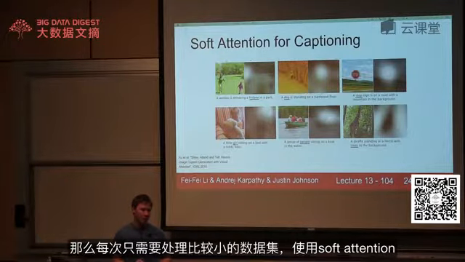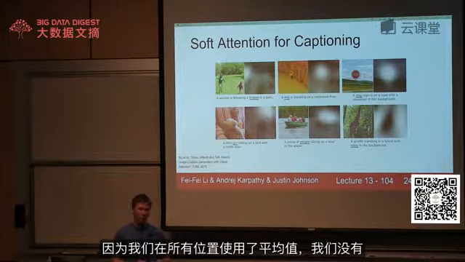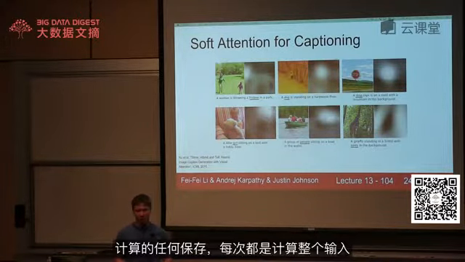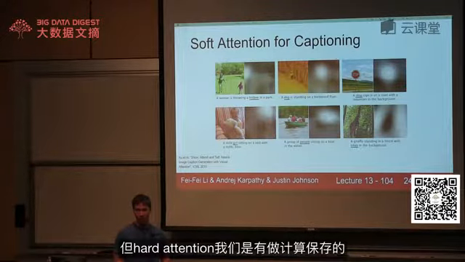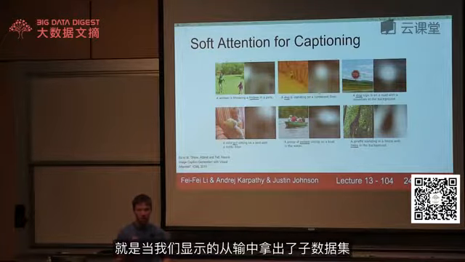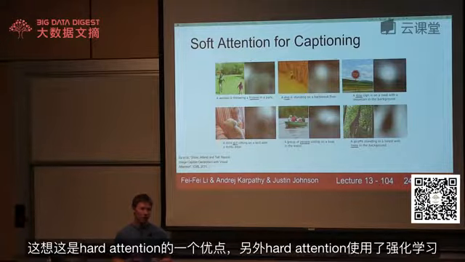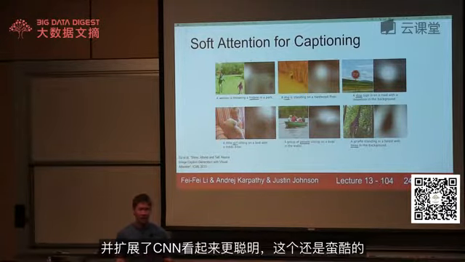With soft attention, because we're averaging over all positions, we don't get any computational savings. We're still processing the whole input on every time step. But with hard attention, we do get computational savings, since we're explicitly picking out some small subset of the input. So I think that's the big benefit. Also, hard attention takes reinforcement learning, and that's fancier and makes you look smarter. So that's kind of cool.